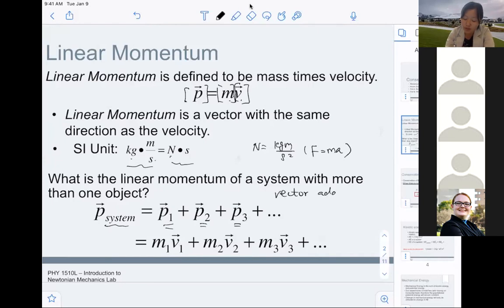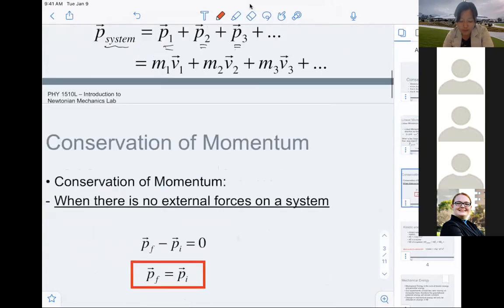We use the head to tail method to add up vectors, right? So for example, if you have one vector going this way, one vector going this way, then A plus B gives you C. So C is A plus B. So momentums add up together just like how you add up vectors. So P1 plus P2 plus P3 can be added up like this.